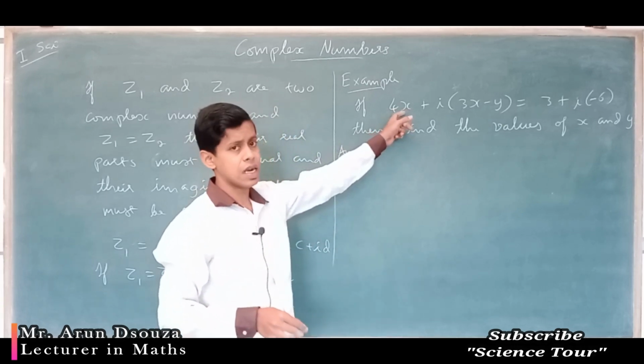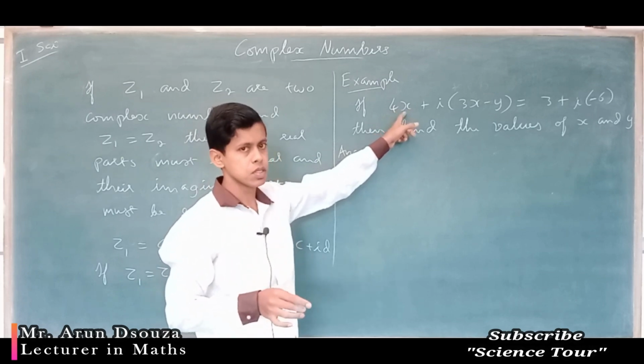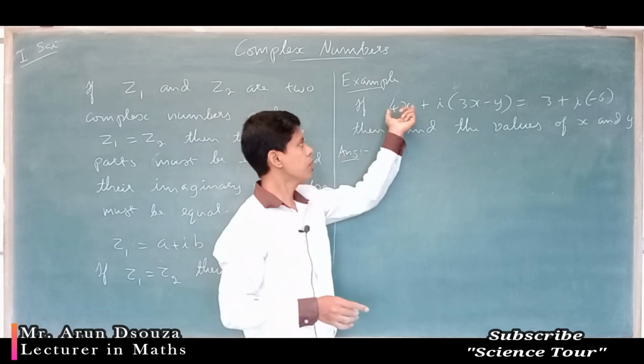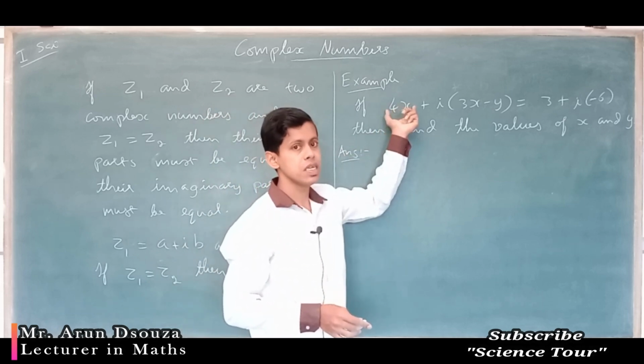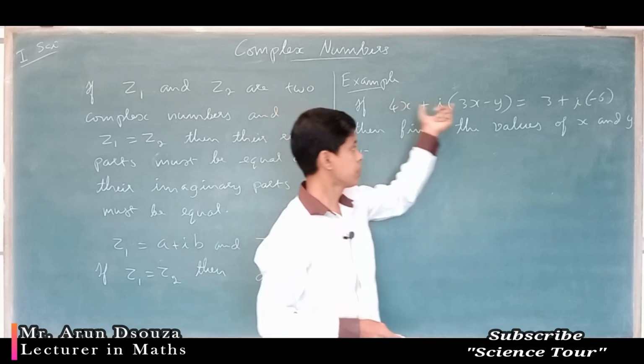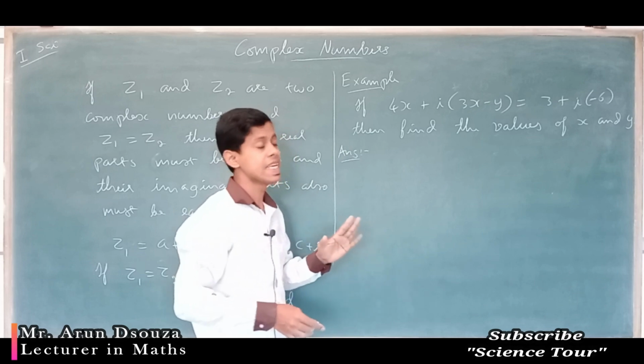Now understand, two complex numbers are equal. So if complex numbers are equal, their real parts must be equal. The real part here is 4x and the real part there is 3, so they must be equal.